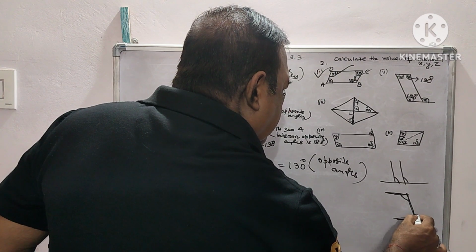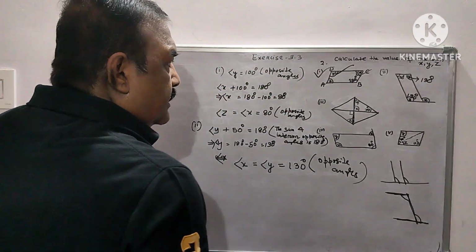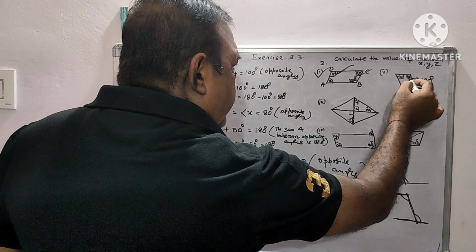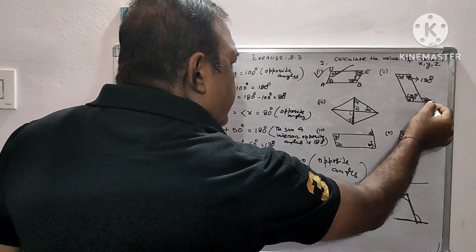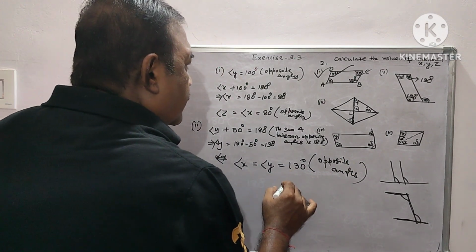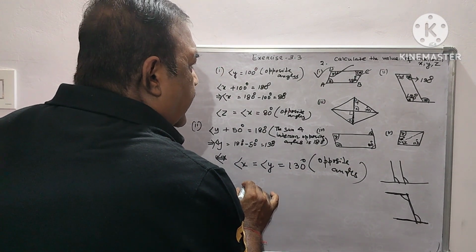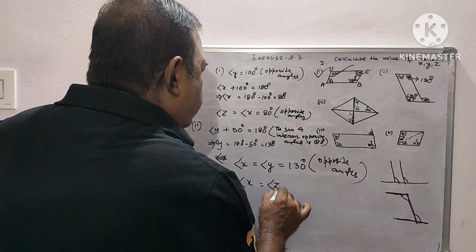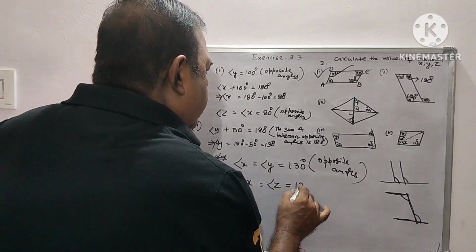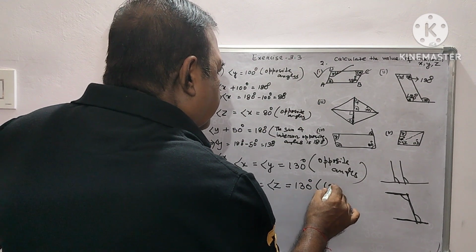So this angle is equal to this angle in measure. That is the alternate angles. Or think about corresponding angles. So you may write angle x is equal to angle z, that is equal to 130 degree. You may write corresponding angles.